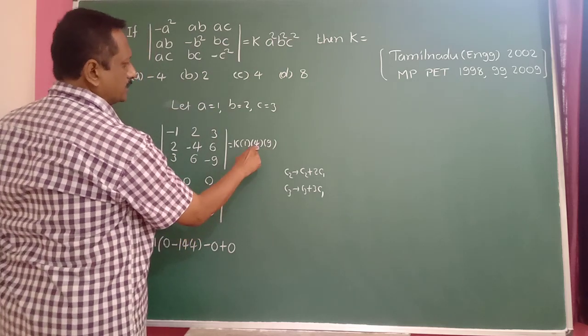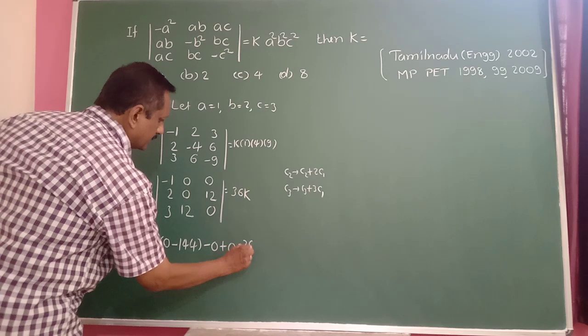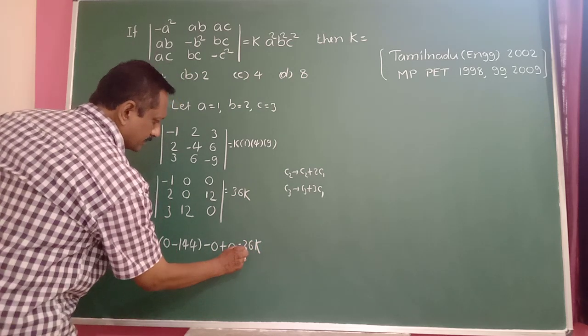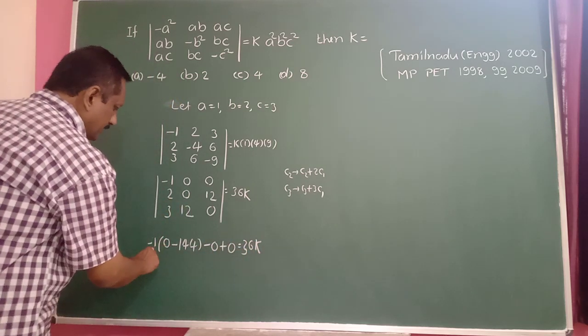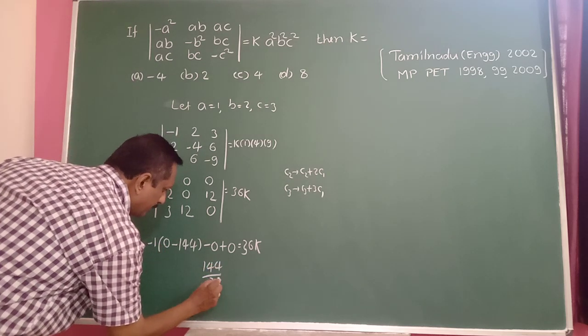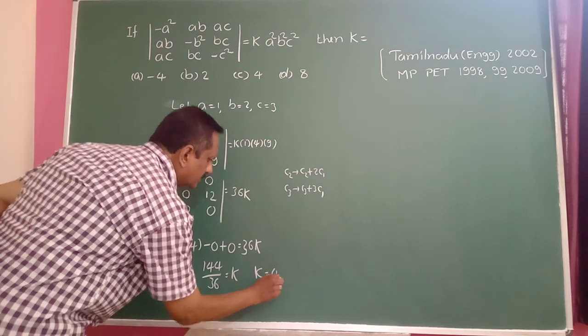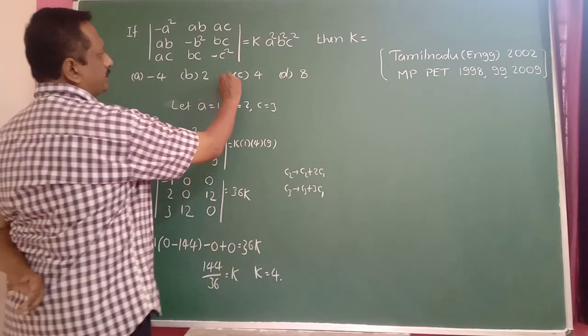Therefore 9 fours are 36, so it is 36k. Therefore, minus into minus plus, 144 divided by 36 is equal to k. Therefore, the value of k is 4. Therefore, C is the correct option.